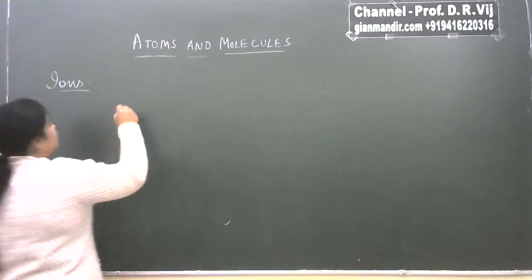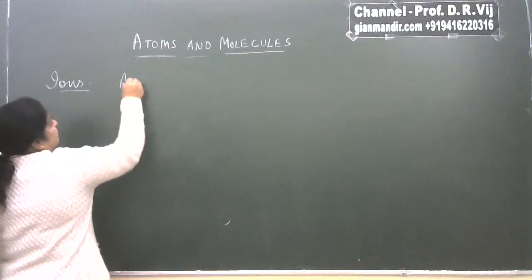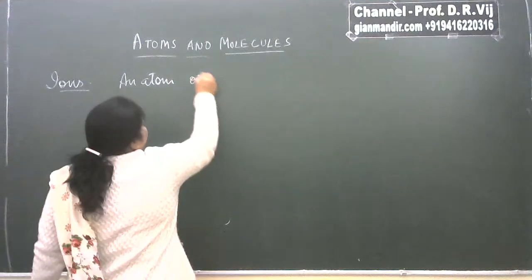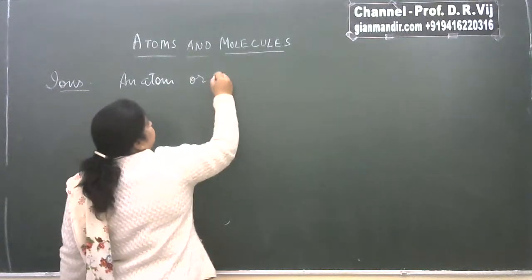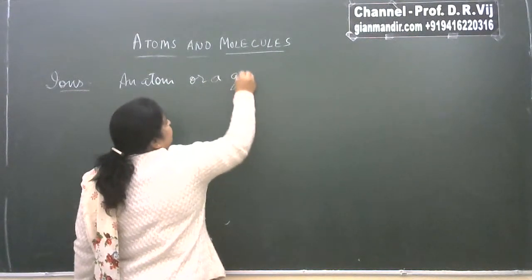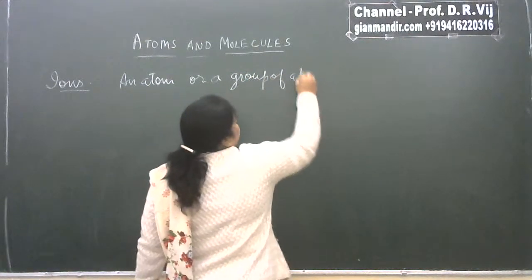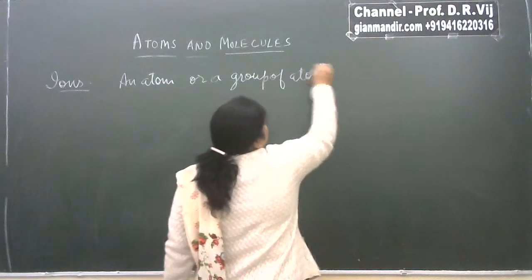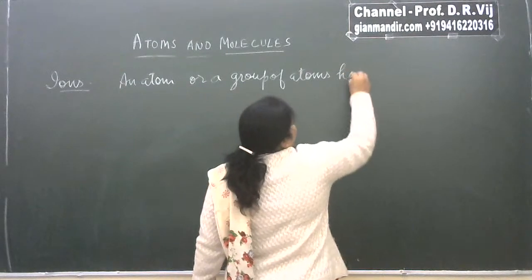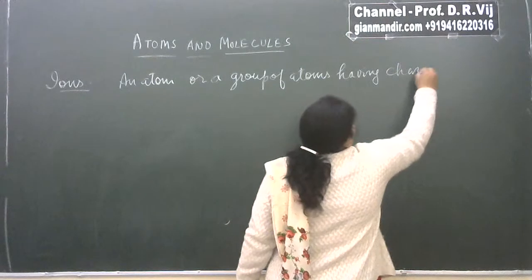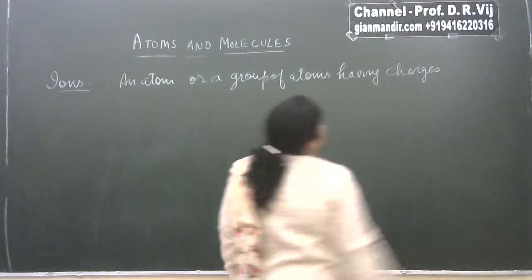An ion is defined as an atom or a group of atoms having charges on it.